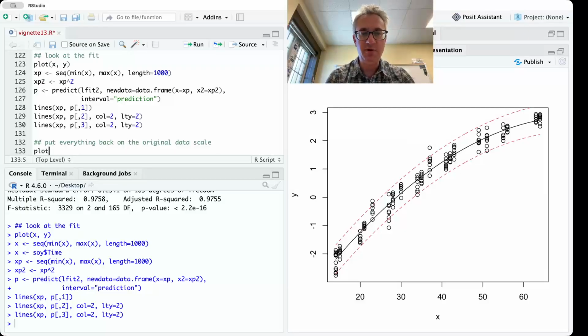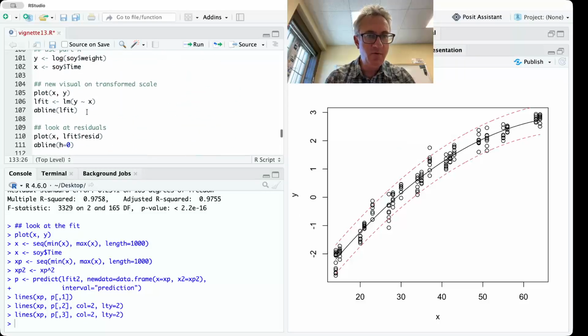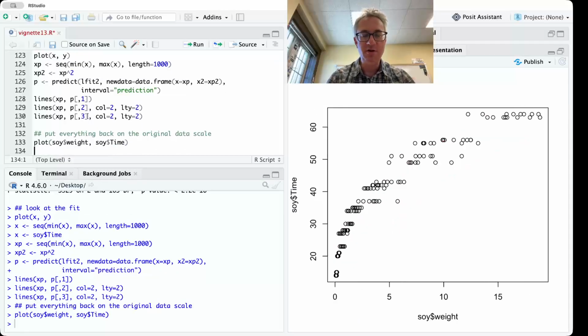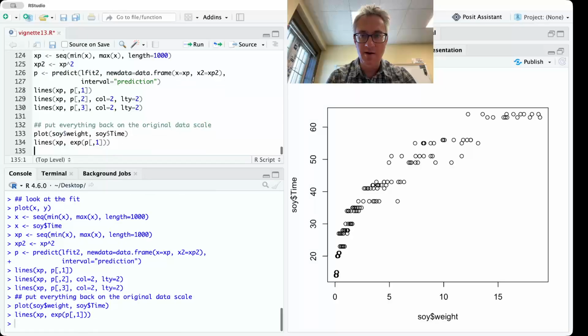So if we just plot soybean, or I guess it was soy weight and soy time. Was it capital W in weight? I can't remember. No, it's lowercase w. So there's the original data. And now I want to take these predictions and then exponentiate them to put them back on the original scale of the data.